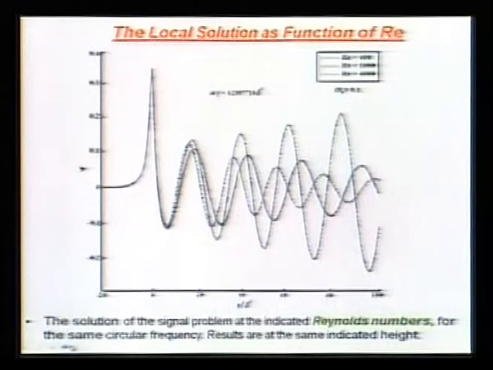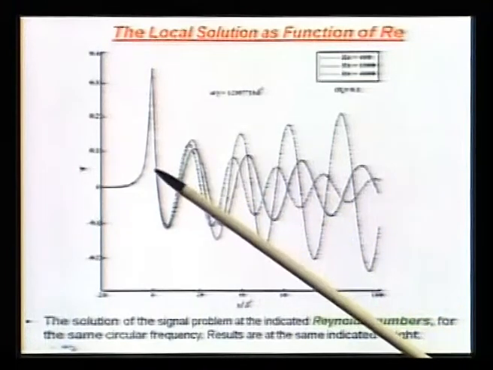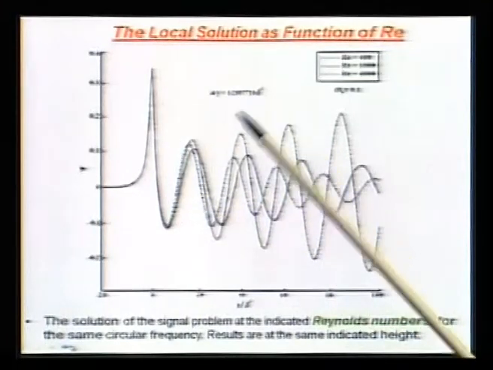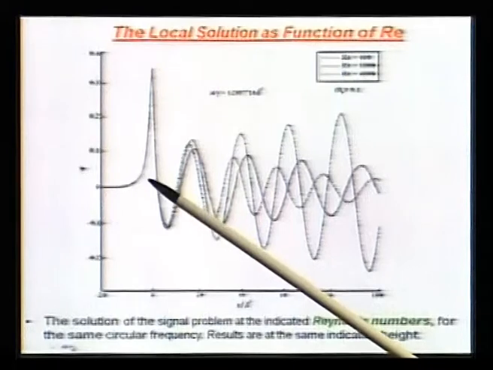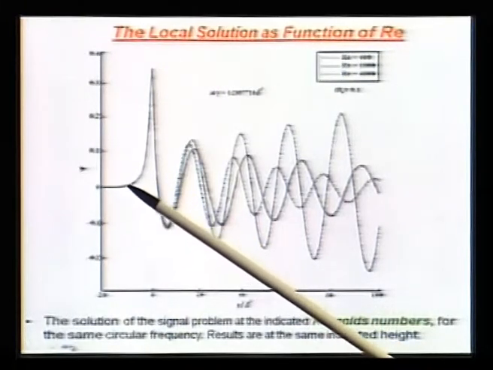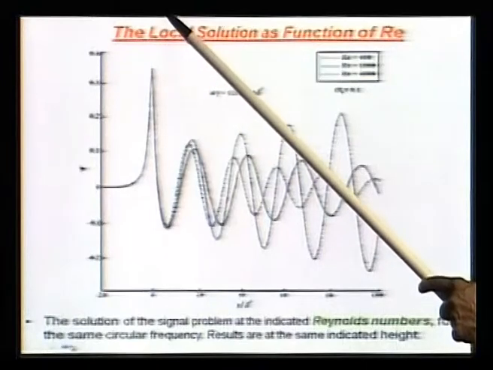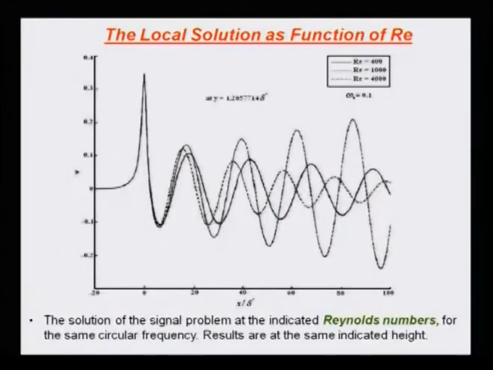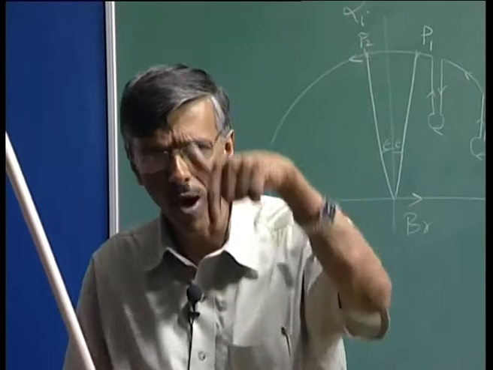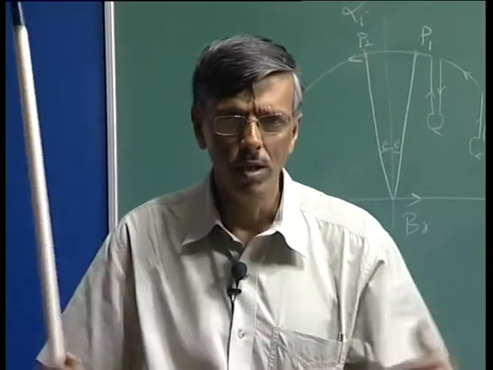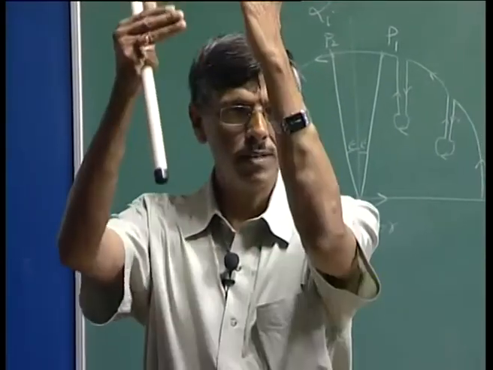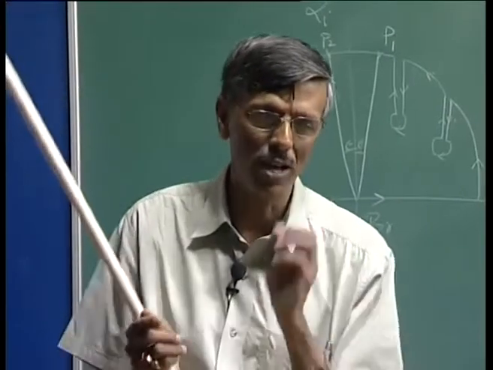That is pretty much on the outer edges of the boundary layer. But if you keep looking at lower and lower points, then you would find that this curve will come here and this peak will go higher up. That is what you are seeing, that as y comes close to the wall, your response field peaks up and becomes narrower.